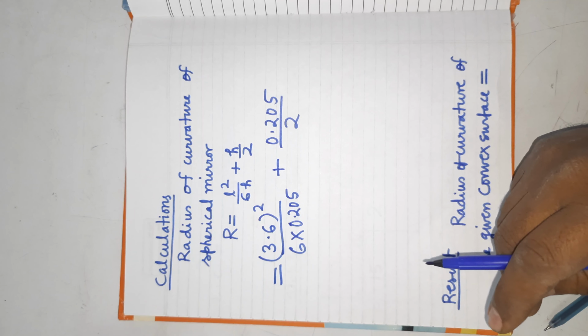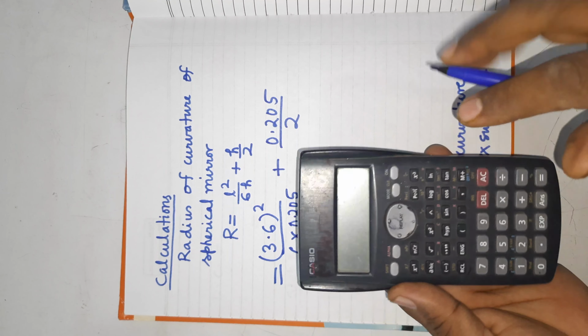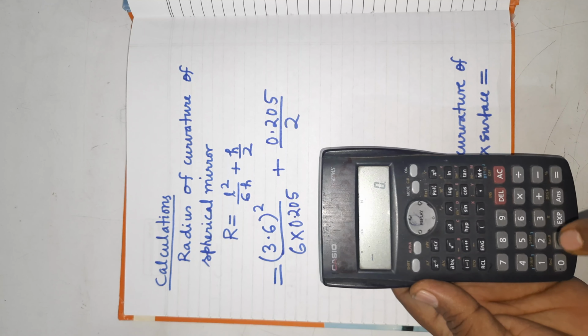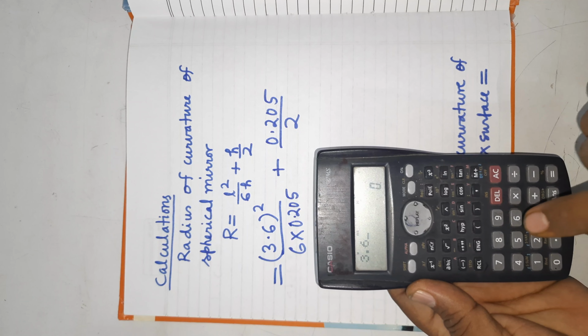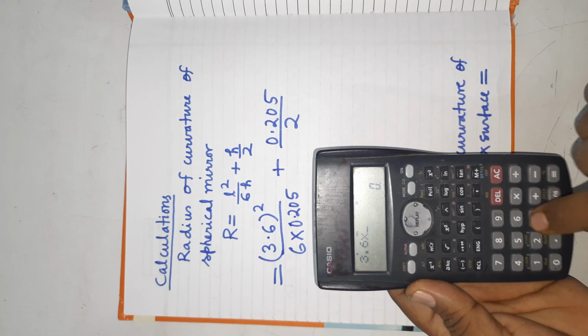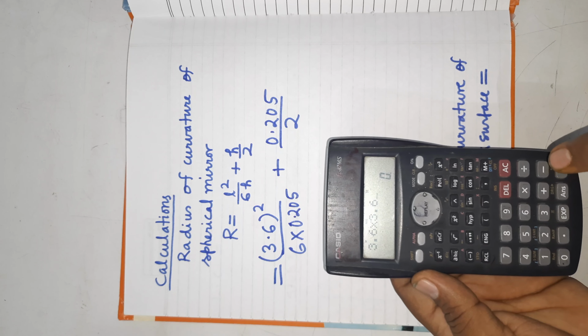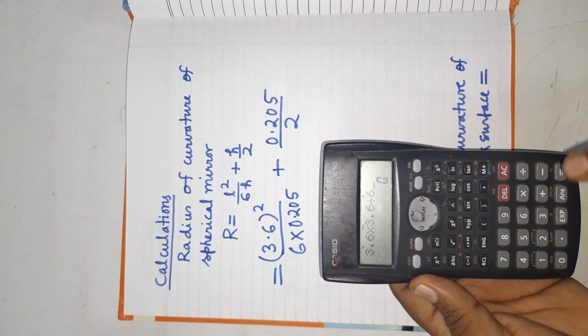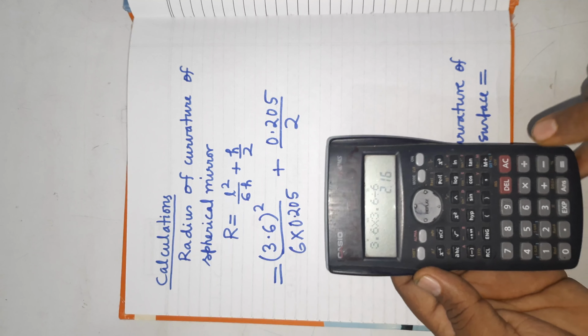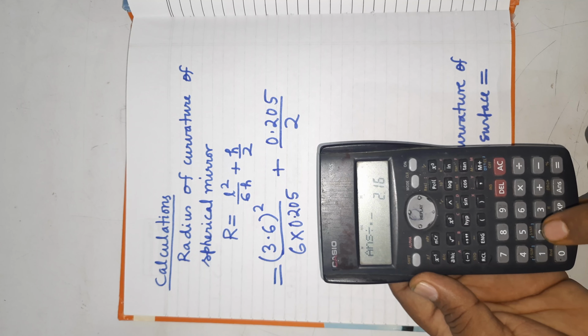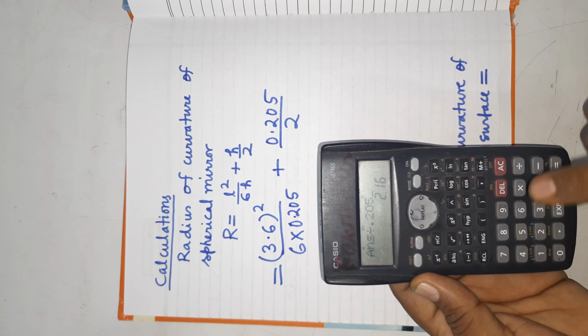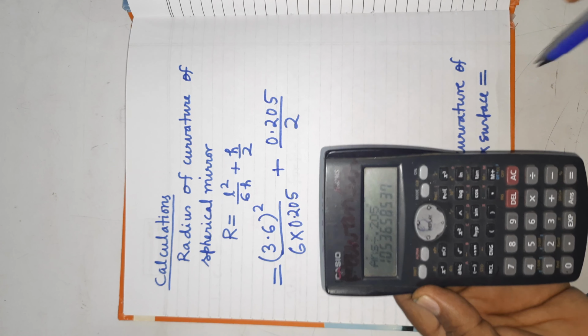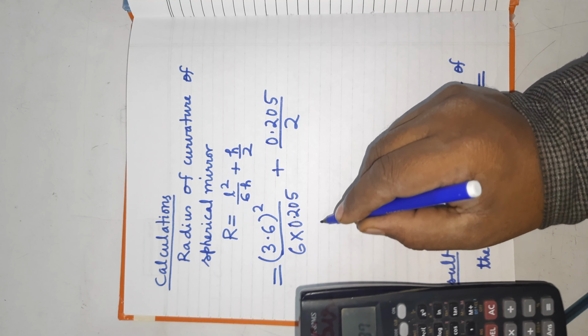So you simplify it: 3.6 into 3.6 divided by 6 into 0.205, so it will be 10.54.